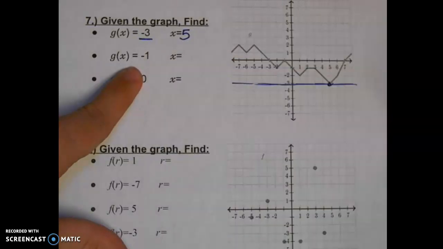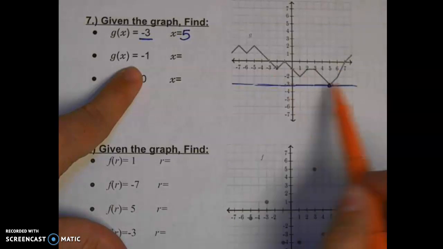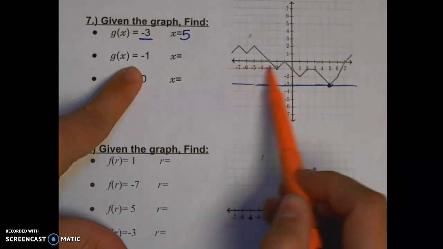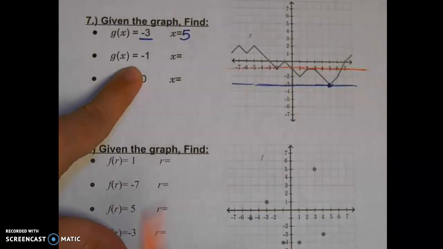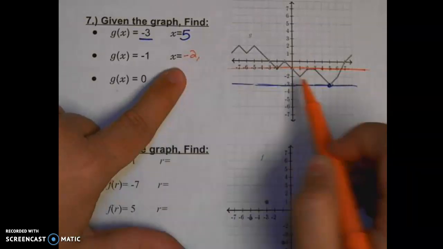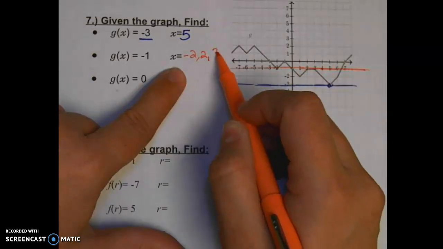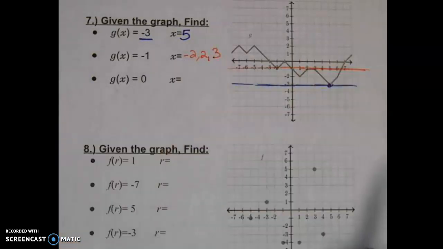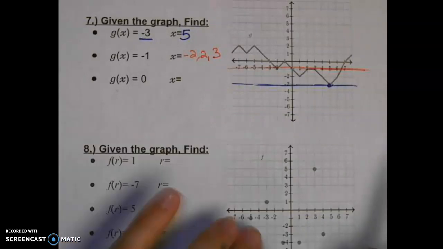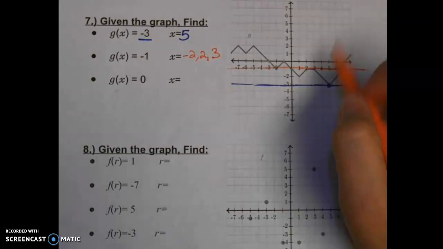So we're finding it a little bit backwards now. Okay, when I have negative 1, which is right here, my x is going to be a negative 2, a positive 2, and a positive 3. Sometimes you might have multiple answers. And it looks like maybe about 6.5.